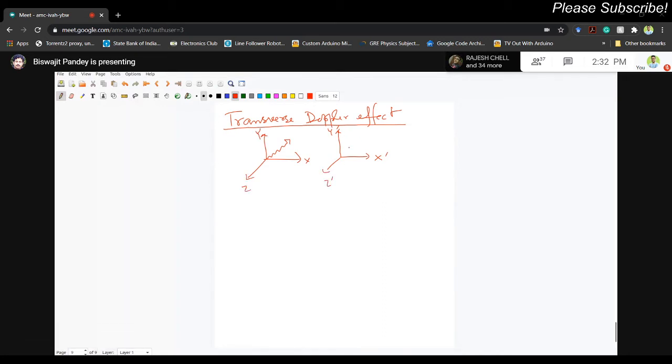Now suppose the observer frame is moving along this direction with velocity v. So what will be the conclusion of this observer? This time it is not moving along the line joining them. Should the frequency change or should it remain the same? What do you expect?